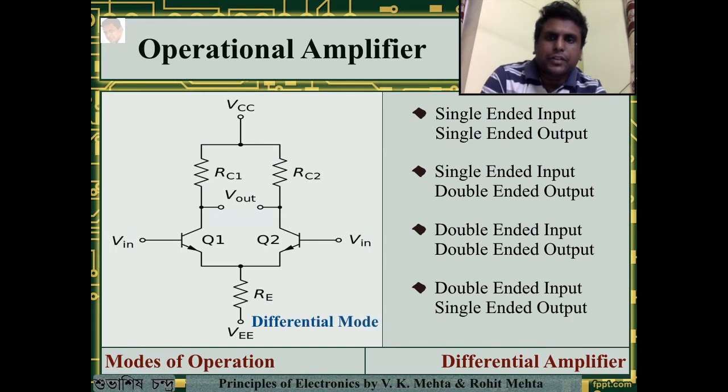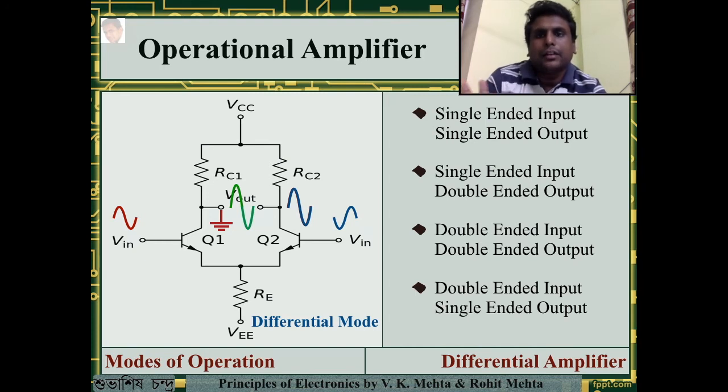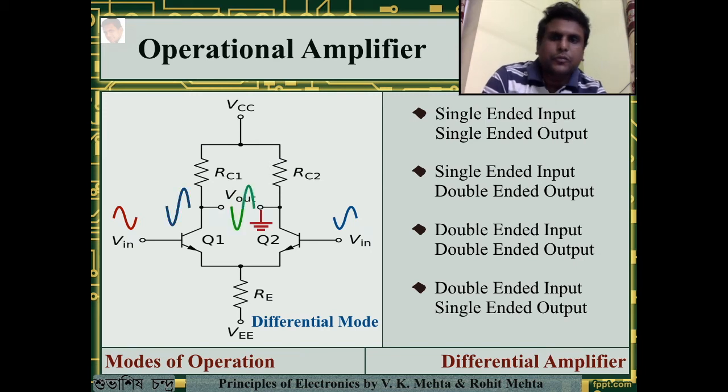For the differential mode signal, again we do the drill and we receive the output like this. So it gets amplified, but the amplitude of the output is half that of the previous case. In the case of double-ended input, double-ended output, it was twice this value. Let us do it for the second terminal also. Again we receive the output.